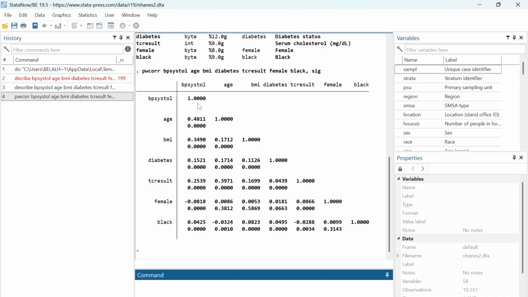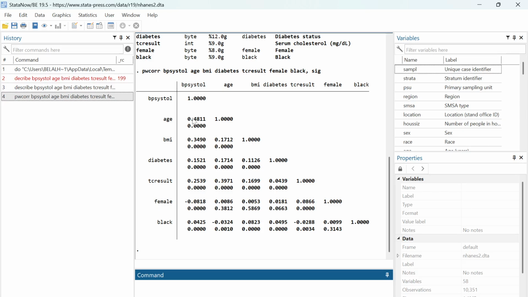Any values close to +1 are considered a strong positive correlation, and any values close to -1 are considered a strong negative correlation. So we can see the direction, which is negative or positive, and then the strength.